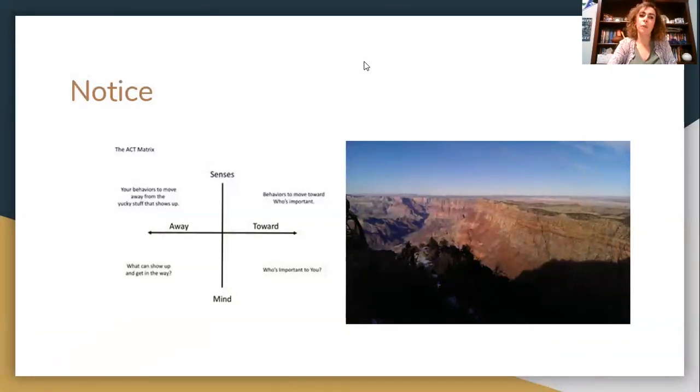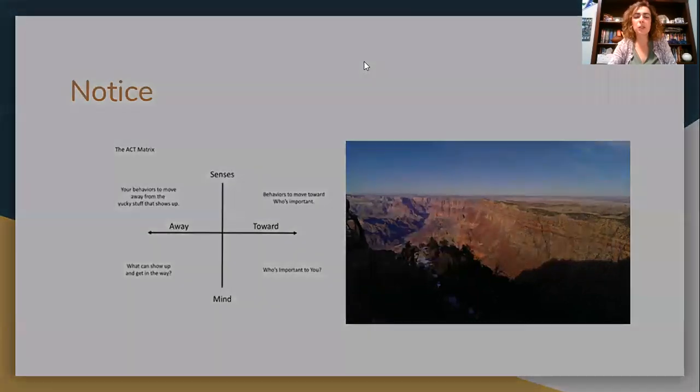Catch yourself when you're in some of those away behaviors, or when you're starting to think about those unhelpful thoughts. So when you start thinking, oh, I'm such a terrible parent, or, I can't believe I said that, just notice it and thank your mind for showing you that that's a thought, and now begin to move toward what's important to you again.